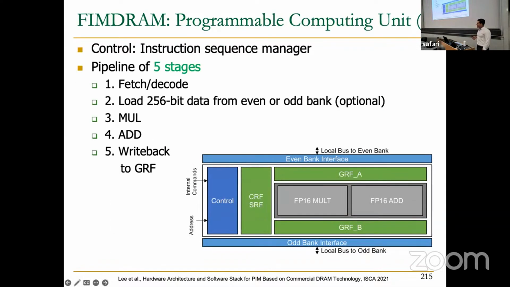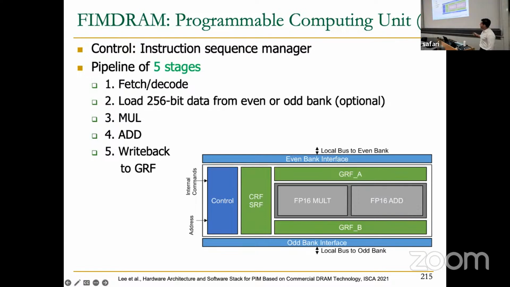So this is the design of the FPU itself. Here, I think they keep changing the name, PCU now. So basically, you have the interface for the bank. As I mentioned, in this chip the hardware is shared between neighboring banks. So you have an interface for the even bank and an interface for the odd bank.